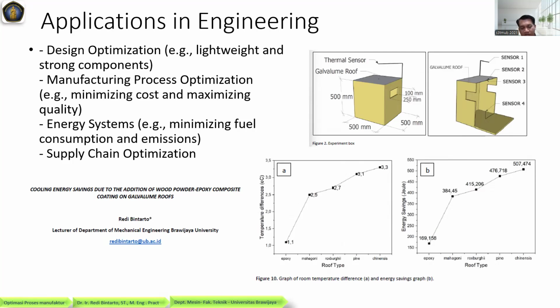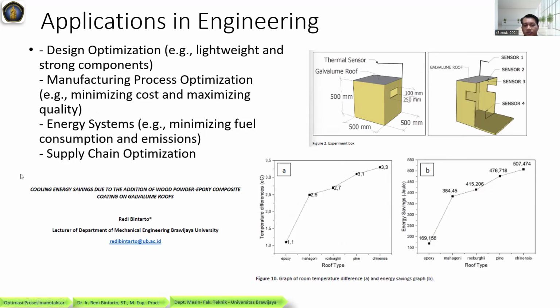We need more strength, but light and efficient in fuel. And manufacturing process optimization, minimizing cost, maximizing quality. And for energy systems, we can minimize fuel consumption, emission, and supply chain optimization.